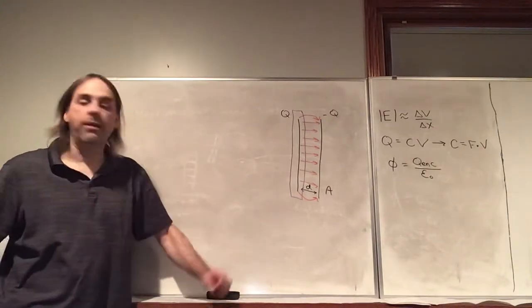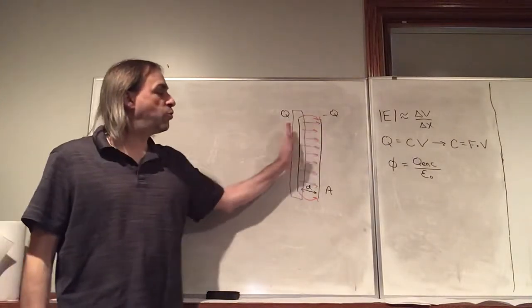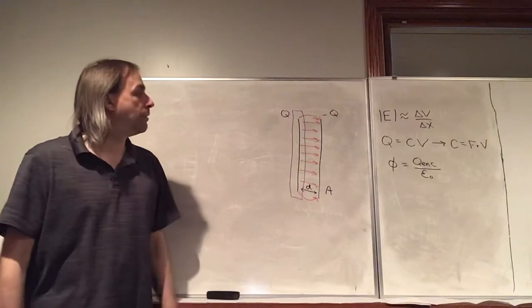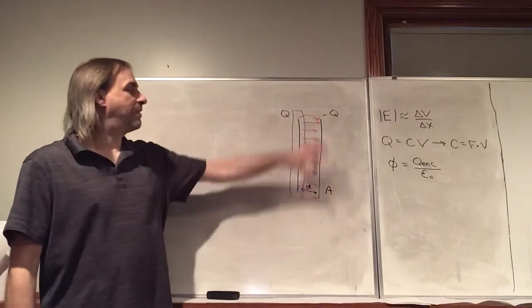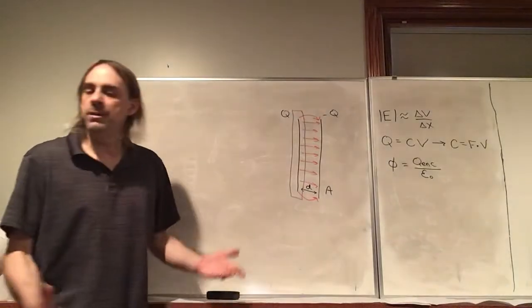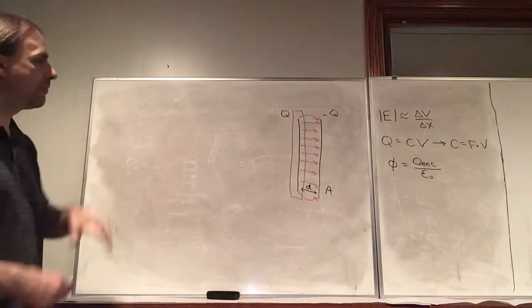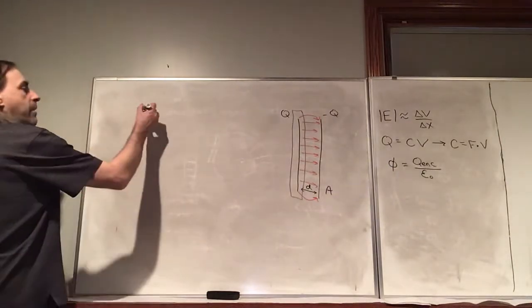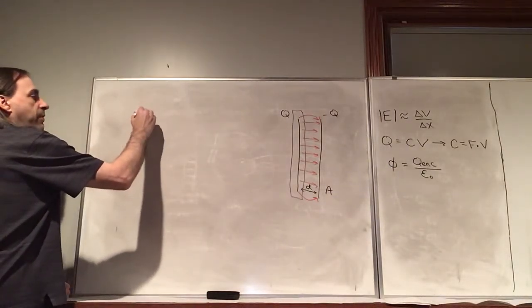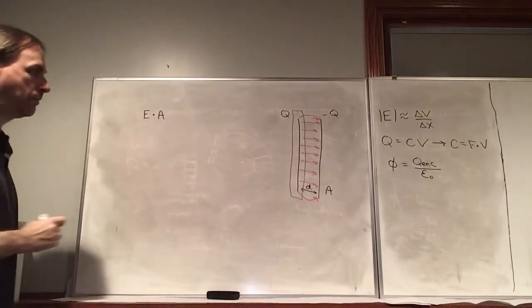And this is one of those cases where the electric field exists between the plates, and that's basically it. There's no significant electric field outside. In the region where it curls out like this, that's small enough that we can ignore it. So in this case, we can say that the flux is the electric field times the area.